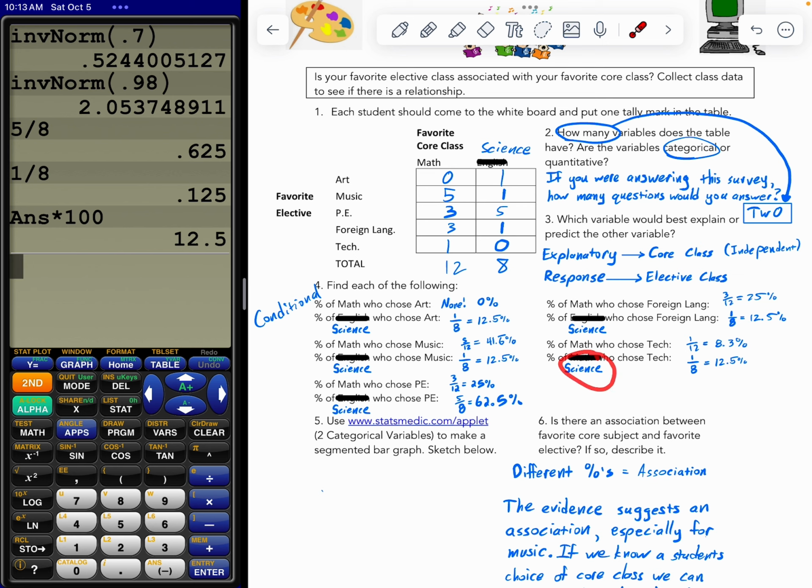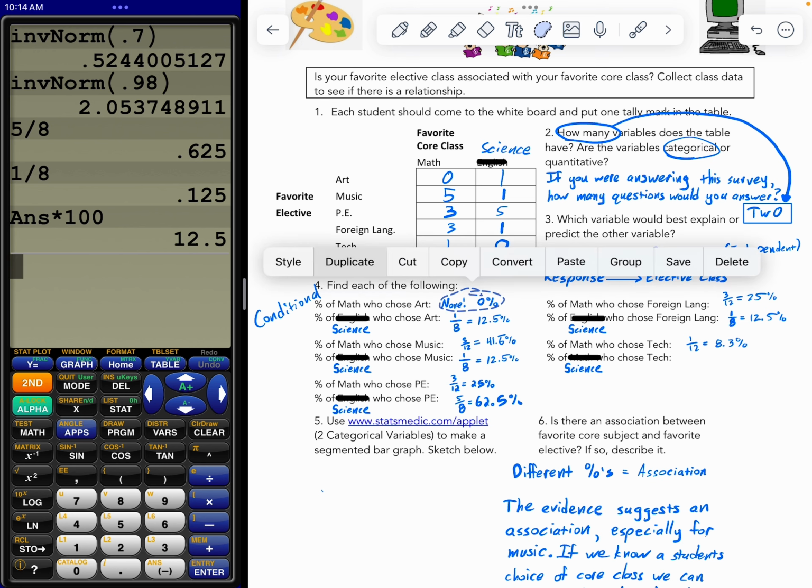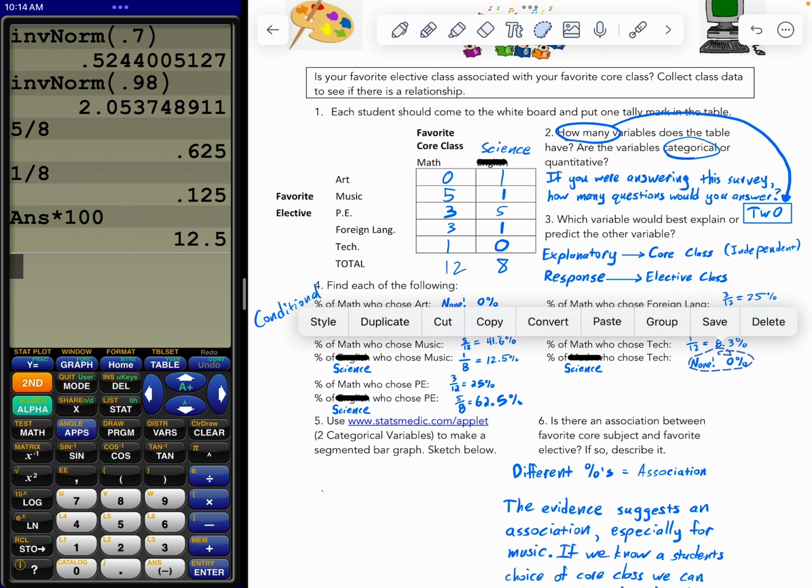Percent of science, 8 people. Who chose tech? Nobody. So this is not right. Gotta fix that. And I'll just grab this answer from here. Nobody. That is better, I think.